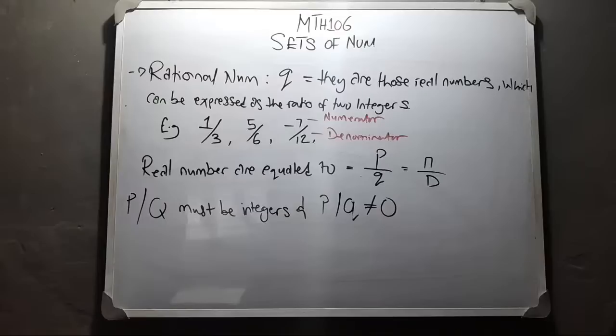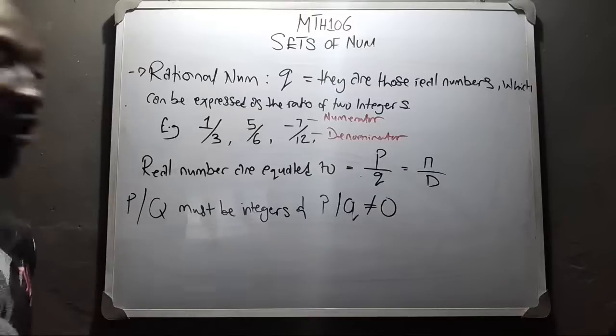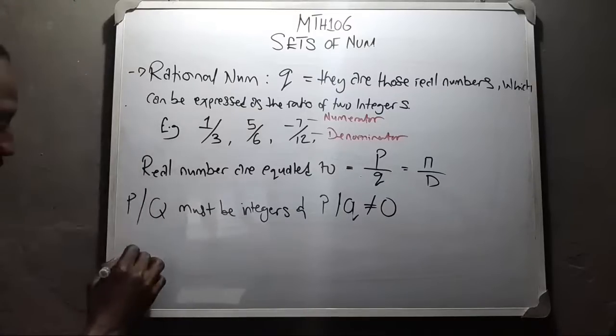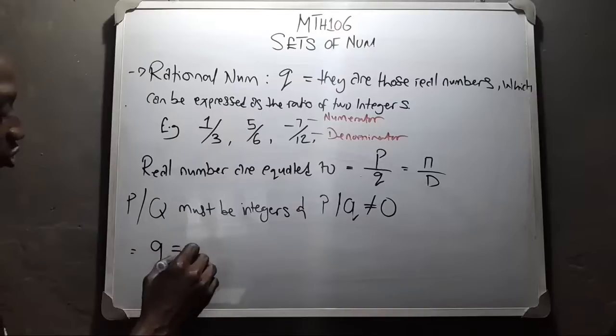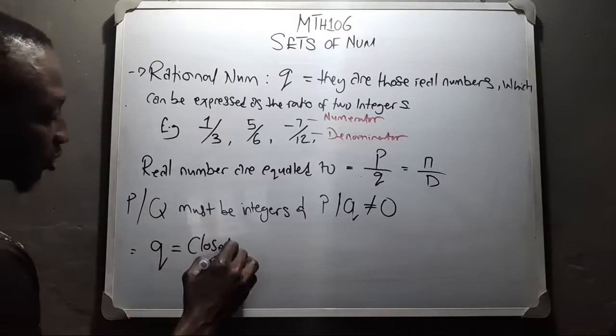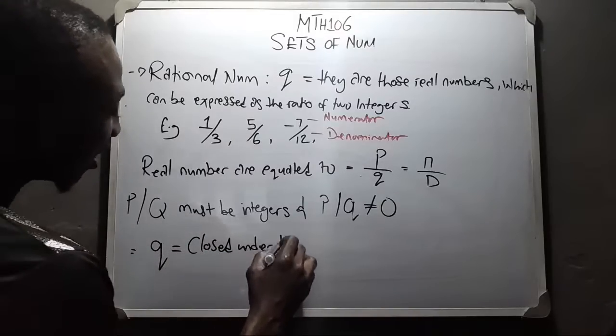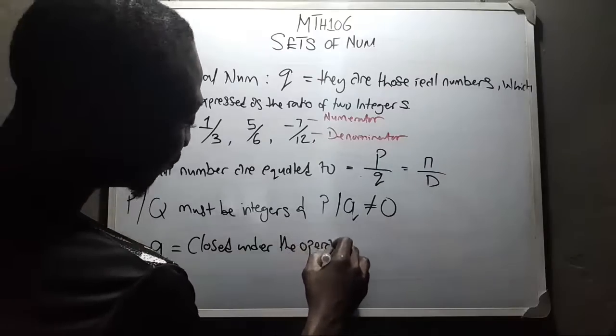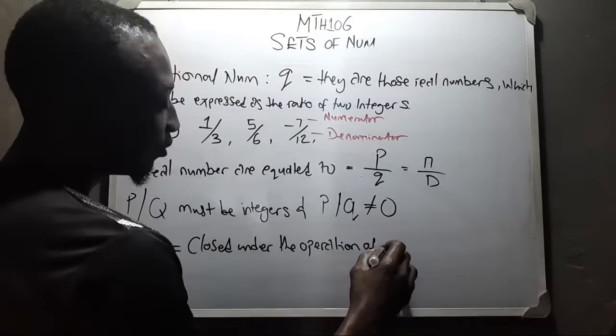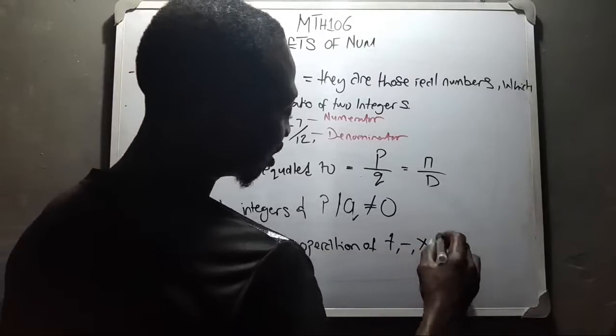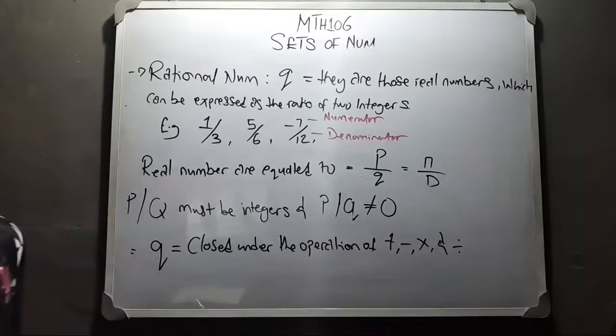Now you need to know that rational numbers are closed not only under the operations of addition, multiplication, and subtraction, but also under the operation of division. All right, closed rational number, that means Q is closed under the operation of plus, minus, multiplication, and division.